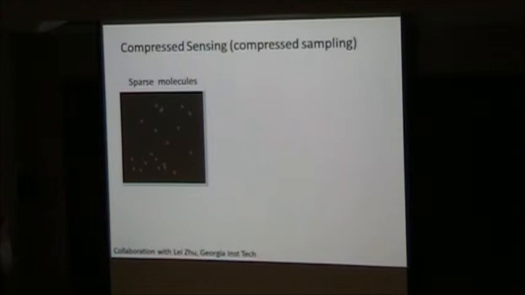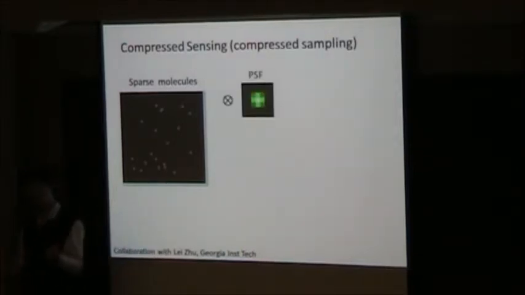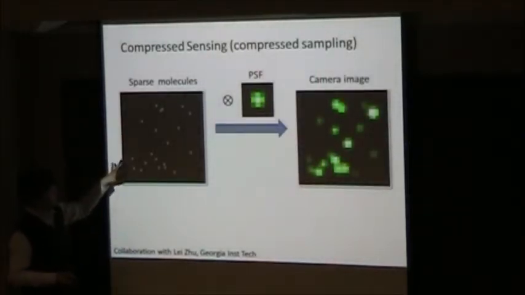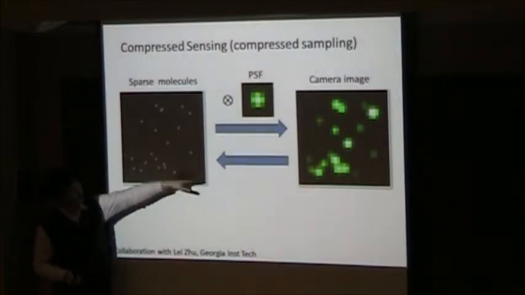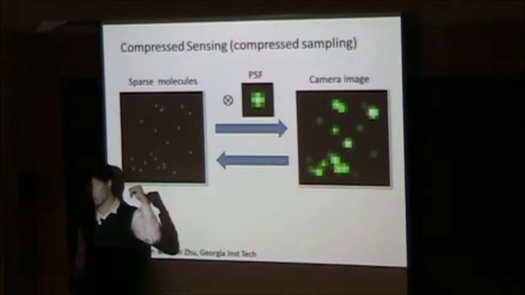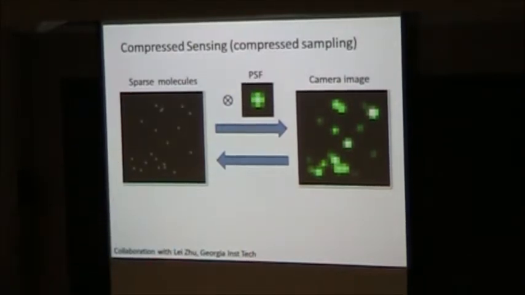So the imaging procedure in whatever light microscopy: you have a collection of molecules in your sample that's giving out fluorescence. And that convolves with the point spread function of your imaging system to get a camera image. With STORM, what you do is you want to go from a camera image back to know where the molecules are.